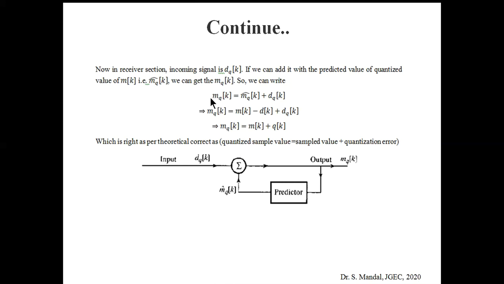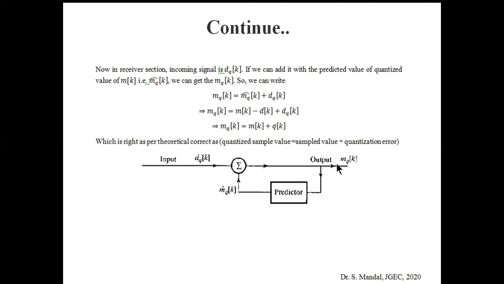So just from this equation we can explain the receiver section, where there is an adder, and in the adder one input is dqk and the other is mqk cap. How can we get the mqk cap? Basically we need to use a predictor. So the corresponding output will be mqk.